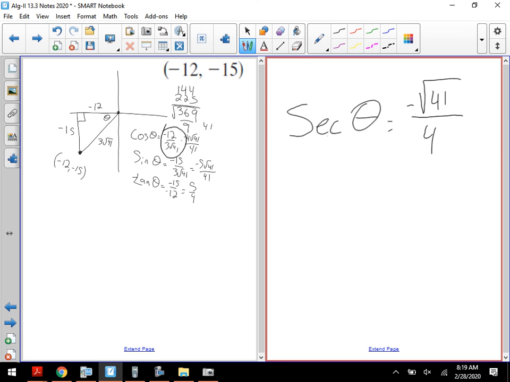When you go back to do reciprocals, start with your non-rationalized values because it's one less thing to worry about. Cosecant, reciprocal of sine. I started at negative 15 over 3 root 41, so that becomes negative 5 over root 41. Flip it, negative root 41 over 5. And then cotangent. It'd just be 4/5.